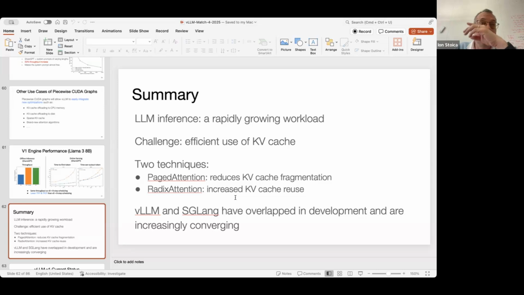Otherwise it's a little bit hard, because you need to be able to share something in the middle while the prefix is not the same. But whatever is in the middle has to be generated based on the prefixes. If the prefixes are not the same, it's very hard to figure out how the middle will be.